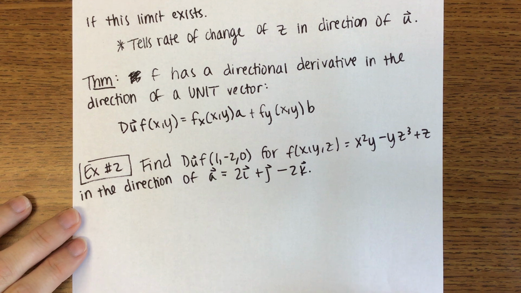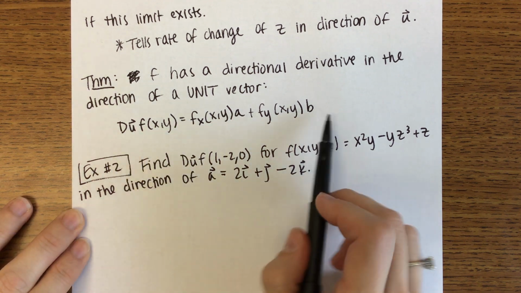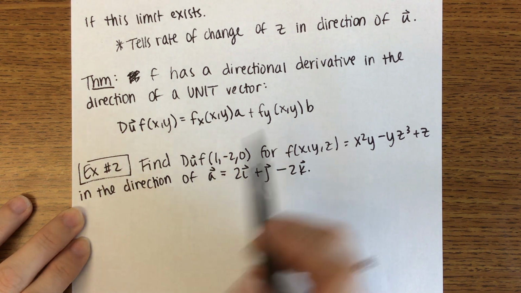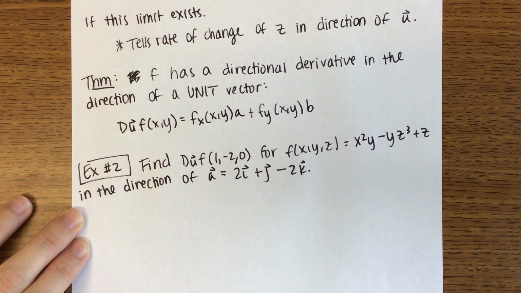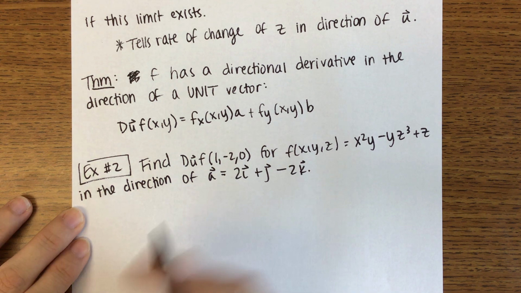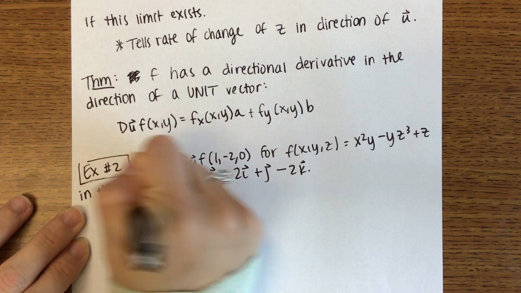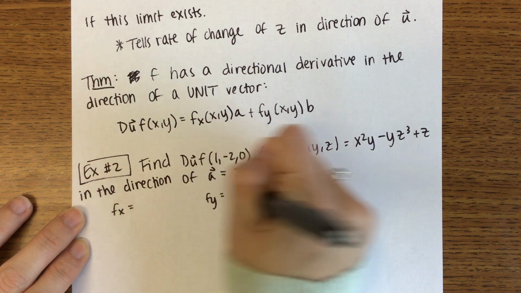Okay, so using this theorem above, we're going to need to take the partials, and we're going to need the partials at that point. So the first thing I want us to do is find all 3 partial derivatives, the partial with respect to x, partial with respect to y, and partial with respect to z.